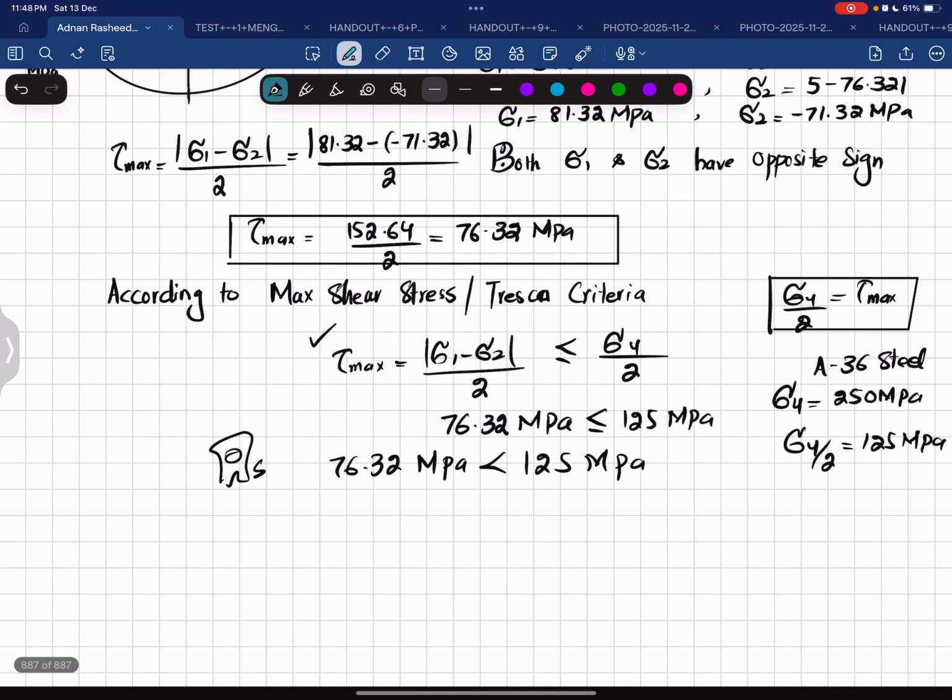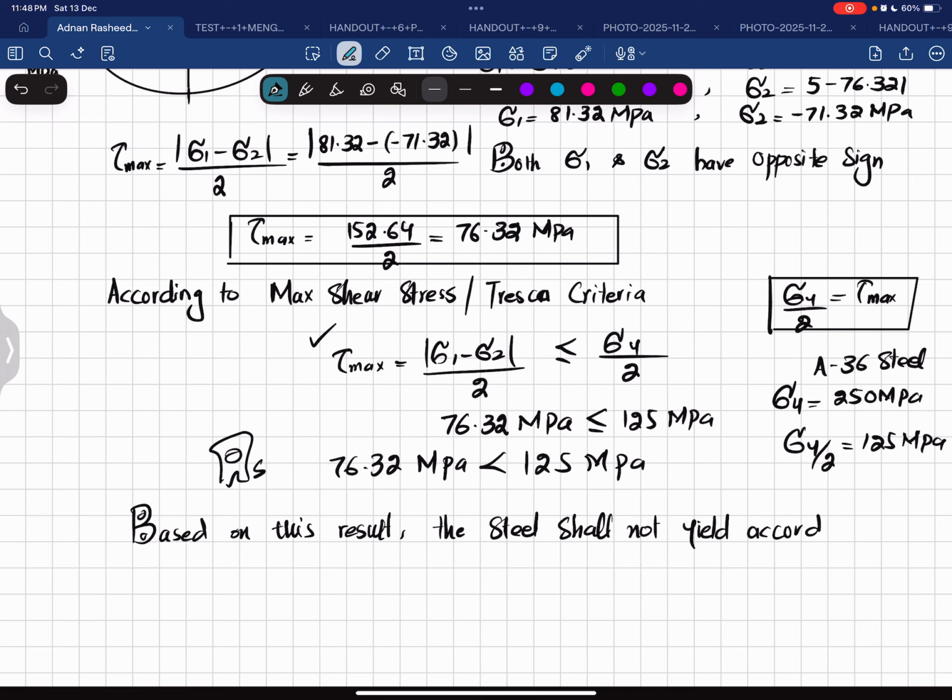So based on this result, I will write the conclusion: the steel shall not yield according to maximum shear stress theory, which is also known as Tresca criteria, or we can also call it MSS, maximum shear stress. And this is the answer of this question.